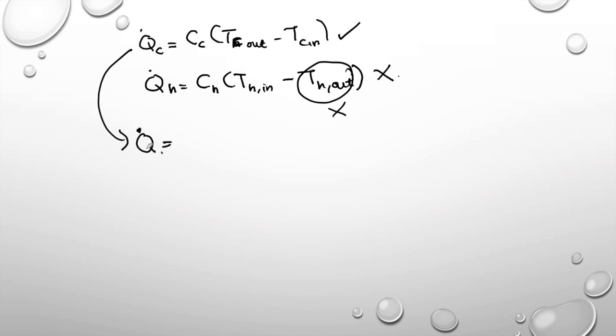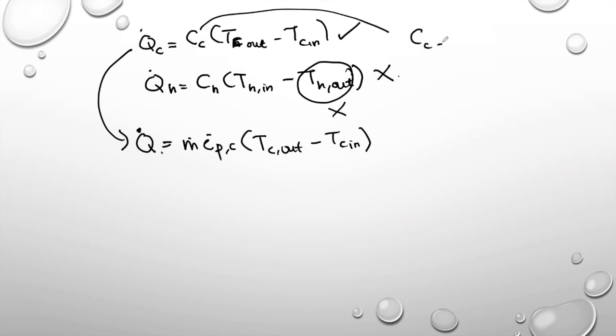So we will use M dot C times CP C times TC out minus TC in. Please do not confuse this with the previous equation, because CC is CP C times M dot C. So that's why it becomes like this.